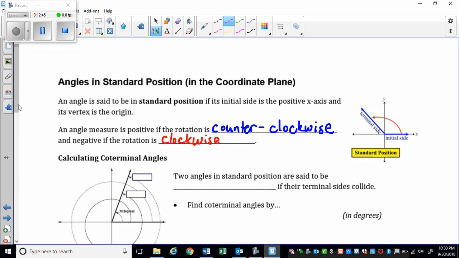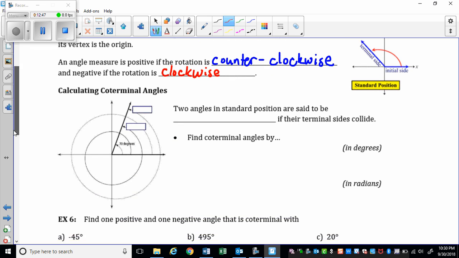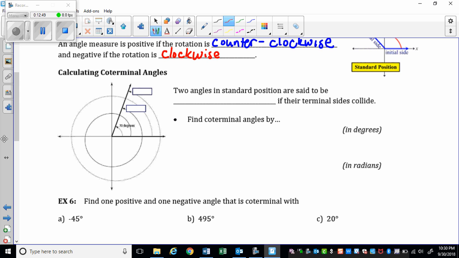So calculating coterminal angles. Two angles in standard position are said to be coterminal if their terminal sides collide, or the ending sides collide. So this is 70 degrees right here.